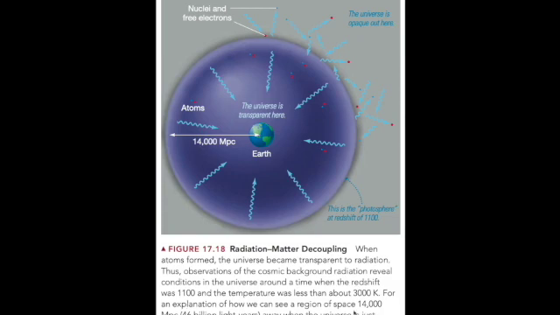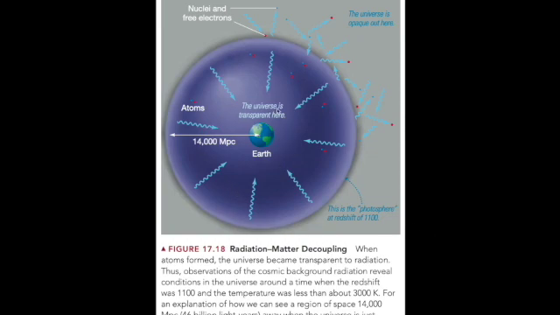Yes, so it gives us a very clear question: how can we observe an image 46 billion light years away, when we say that the universe's existence began 14 billion years ago? So how could this be possible? This is a very controversial and well-known question in the field of astronomy.